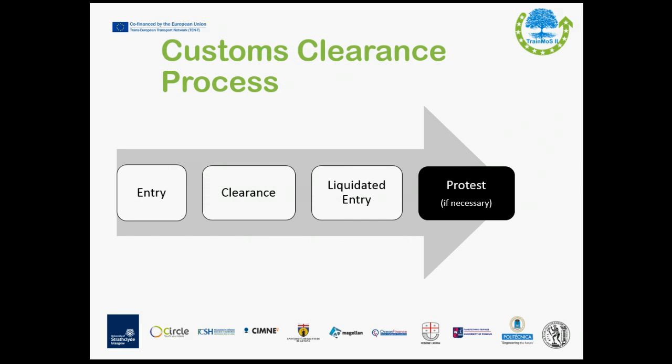And of course, if there is any disagreement with the government, the freight forwarder or the owner or the receiver or the agent in general usually protests in order for the government to check again the products and the duties that have been imposed.